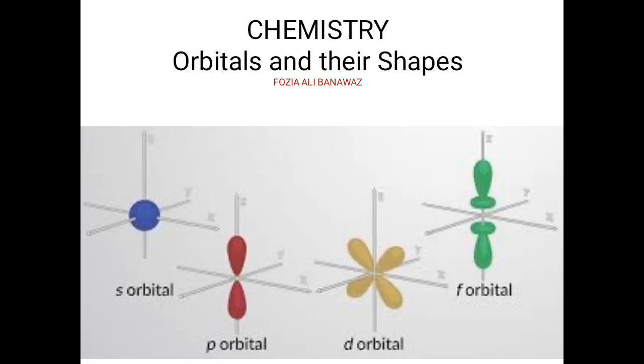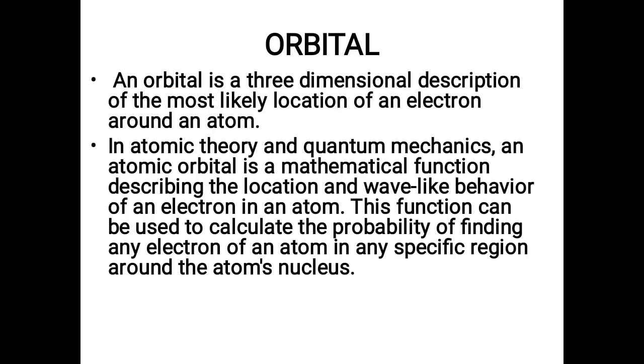Hello, my dear students. Today we are going to study the chemistry of orbitals, and we will also study their shapes. So first we begin the discussion with the definition of orbitals. An orbital is a three-dimensional description of the most likely location of an electron around the atom.